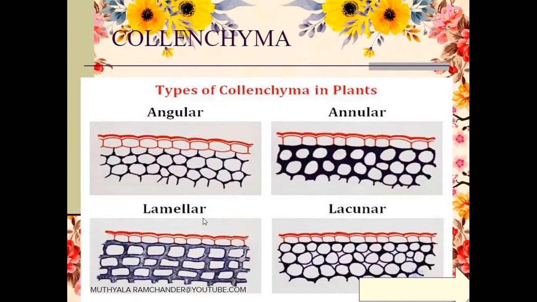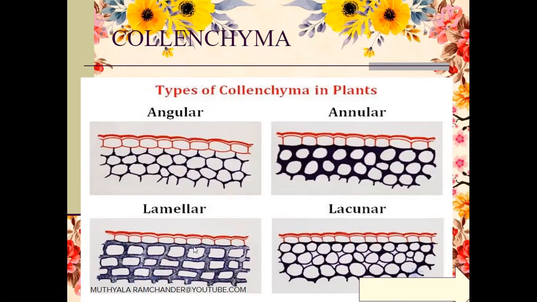The third one is lamellar collenchyma. Lamellar collenchyma is also called plate collenchyma. In this lamellar collenchyma, cells are rectangular or square in shape. These are the tangential walls of the cell, in thickening condition, without any intercellular spaces.